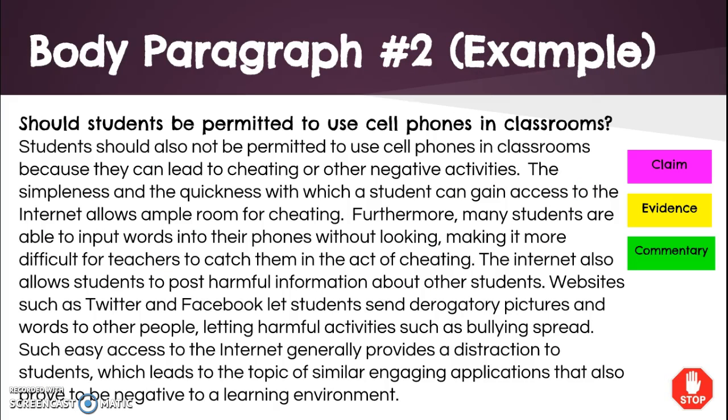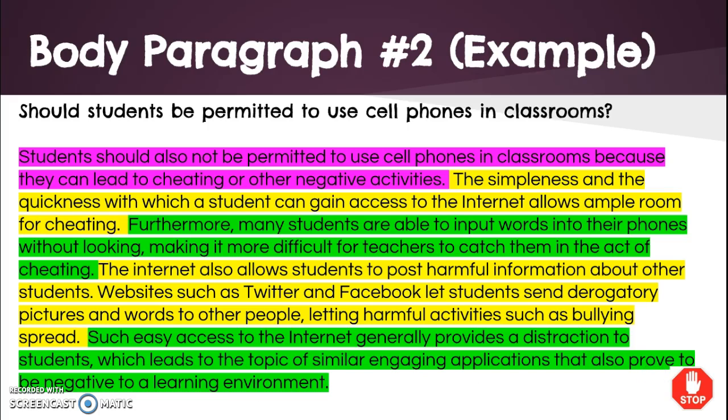Here's our second body paragraph example. Again, read the paragraph, highlight the claim, the evidence, and then the commentary. This order looks a little different, so be sure that you're reading the paragraph carefully. In this paragraph, my claim still comes first.